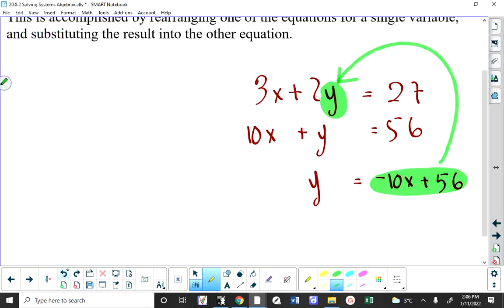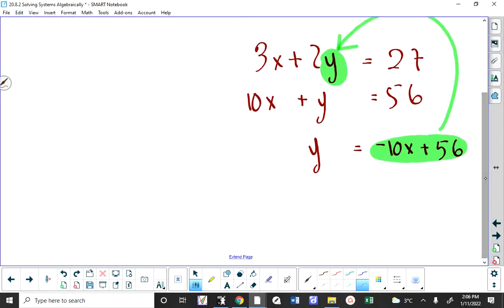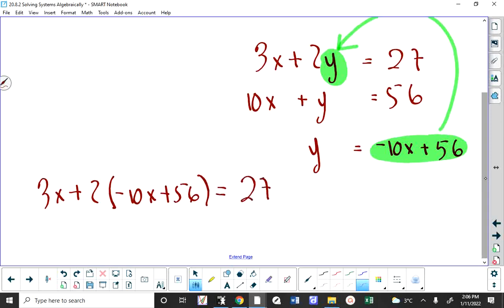And that means the top equation becomes 3x plus 2 times negative 10x plus 56 is equal to 27. And I don't know that I really want to solve this. It's not that big of a deal, but the point is now you have an equation that has x in it and no y. Let's solve it.